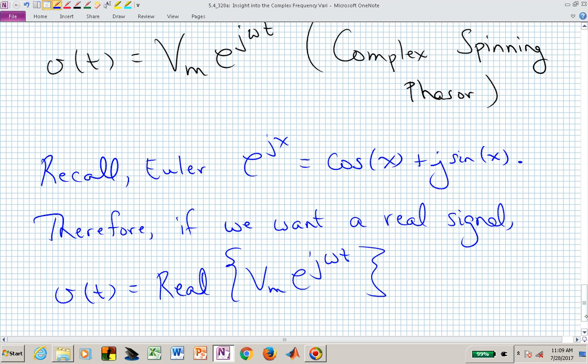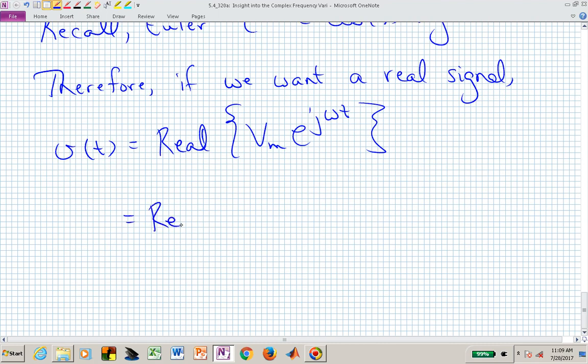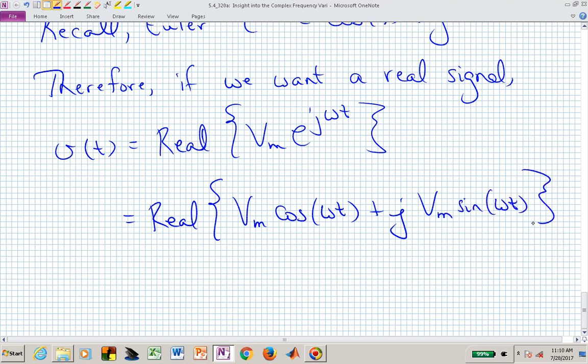And what's the real component? Well, let's expand using Euler again what v sub m e to the j omega t is. That's v sub m cosine omega t plus j v sub m sine omega t. If we take just the real part of that complex number, then little v of t becomes v sub m cosine omega t. And this is now a sinusoidal signal.